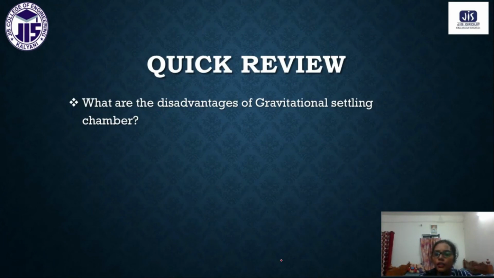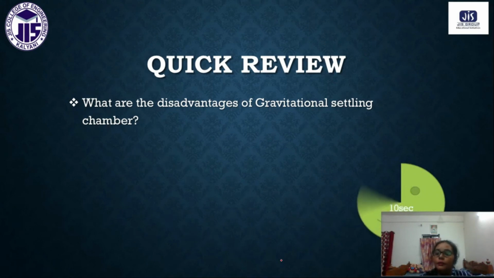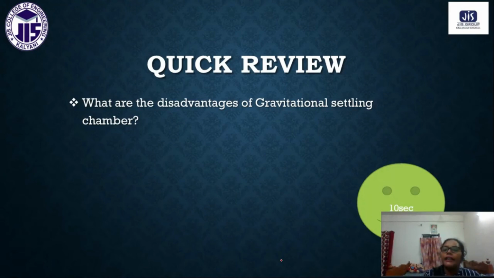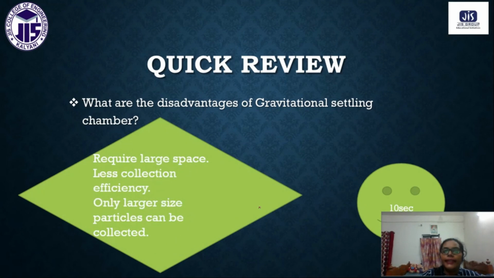Now for a quick review, I have given one question: what are the disadvantages of the gravitational settling chamber? For that you have 10 seconds. Your time starts now. You have to memorize that, then you can answer the question. Your 10-second time is over, and you are absolutely right. The answer: it requires large space.